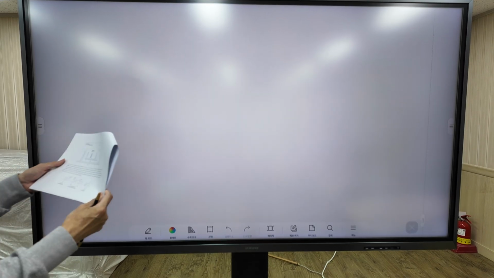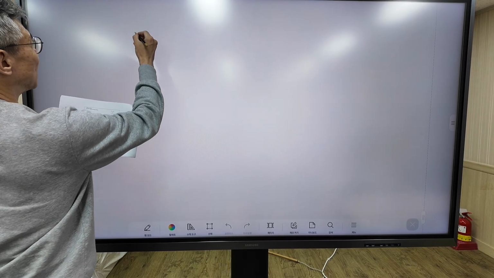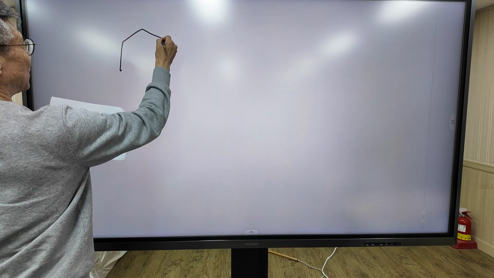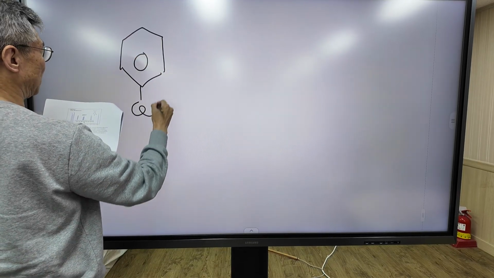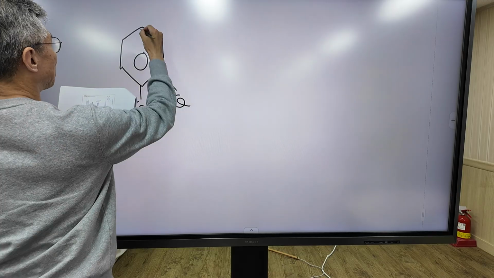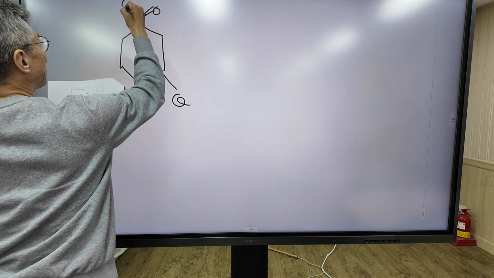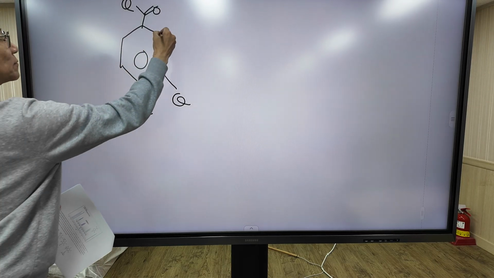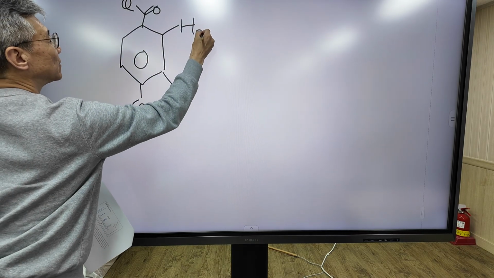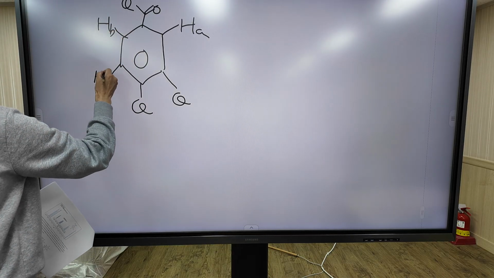Okay, now analyze the NMR spectrum of this benzene derivative. In this benzene derivative, there are three hydrogens: HA, HB, and HC.